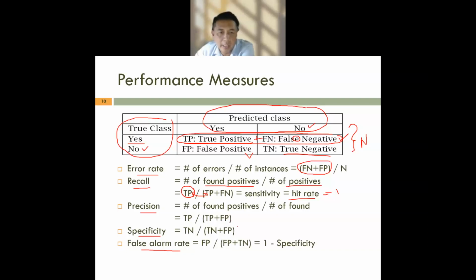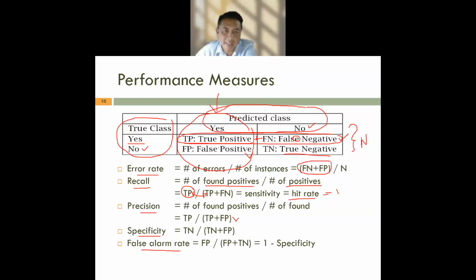So this is looking at only the positive, so the positive one will be here. We are looking at the predicted class yes, so true positive divided by true positive plus false positive. So we are looking at this portion.